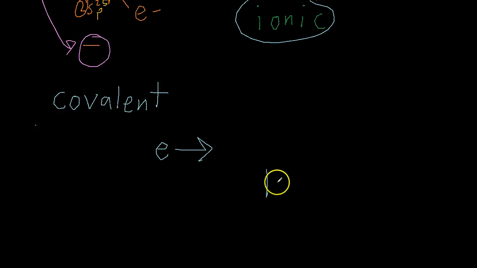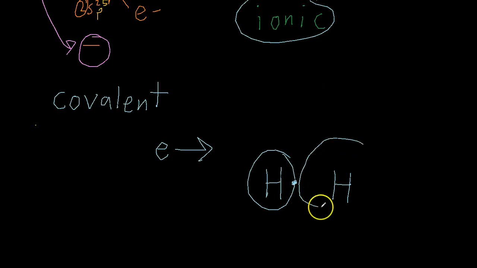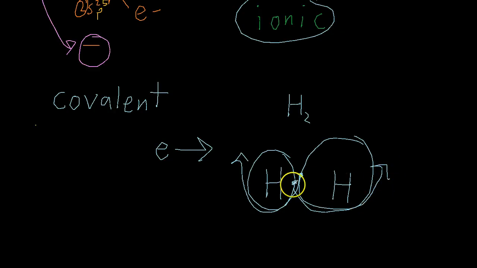So, for example, if we had two hydrogen atoms, which each have one electron in their valence, what happens is that these two will bond together to form H2, and these electrons will whiz around the other atom and the atom that they started with.